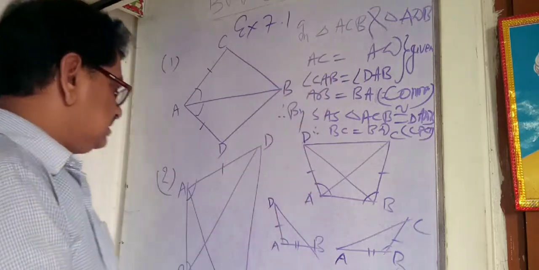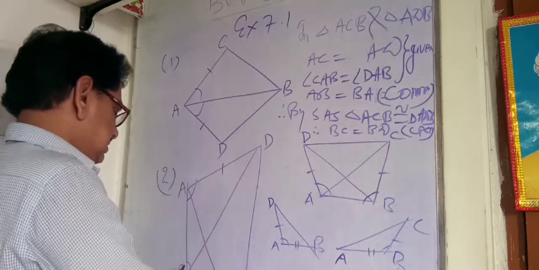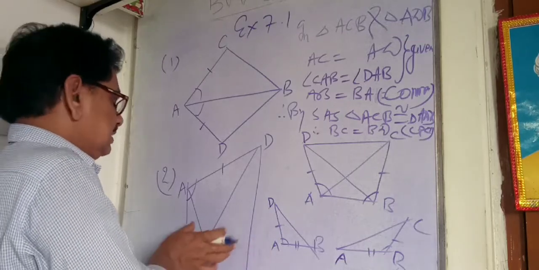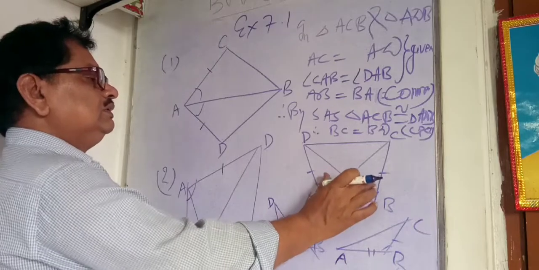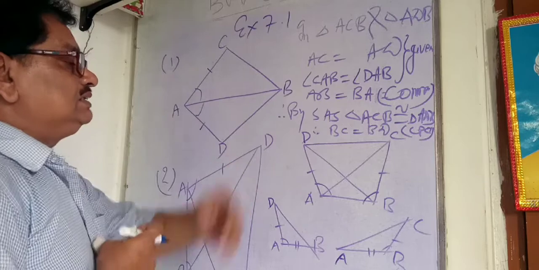Now the second question has two triangles also, ABD and ABC. Here what I have done, that I have just rotated the figure which appears like this. Now it's simple to understand the things.